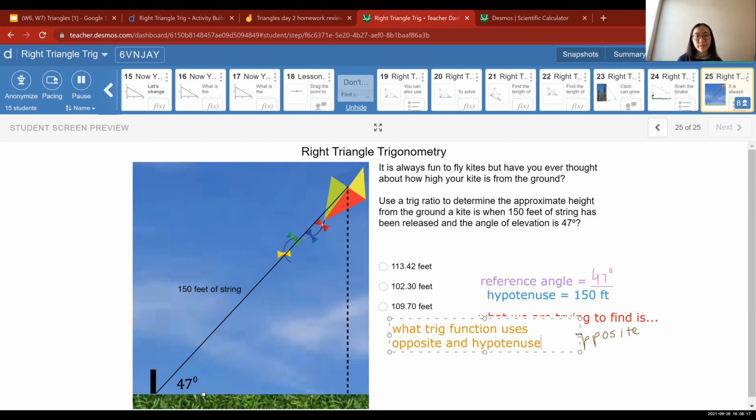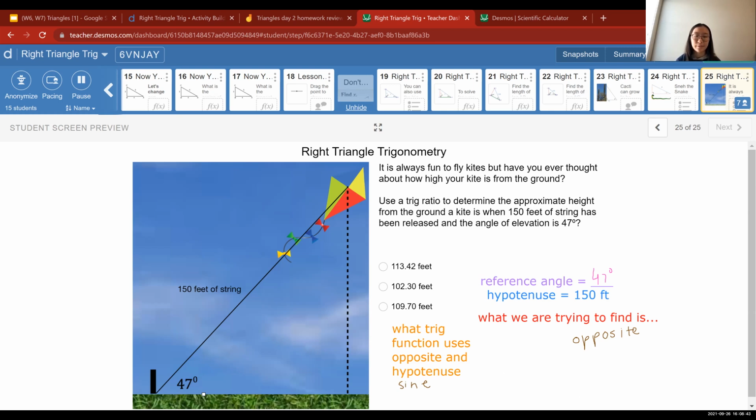Which trig function relates to the opposite and the hypotenuse? Yeah, exactly. The right answer is sine. So we're going to take the sine of the reference angle. So sine 47 equals, and now what should be on the other side of that equation?